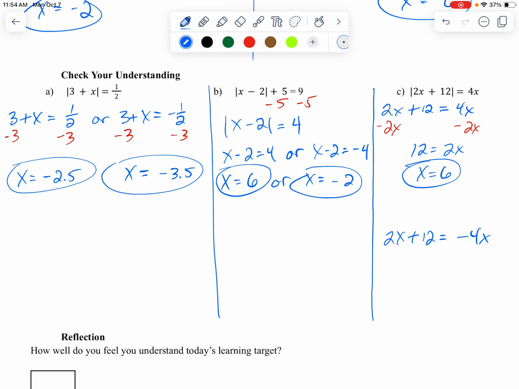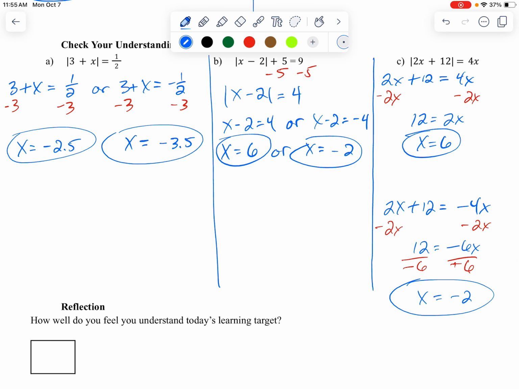Next one, I'm going to start the same way. Subtract 2x from both sides. Now I've got 12 equals negative 6x. And since that's a negative 6, I have to divide by negative 6. And we end up with x equals negative 2. However, notice when I plug negative 2 in here for x, I would end up with a negative 8 on this right side.